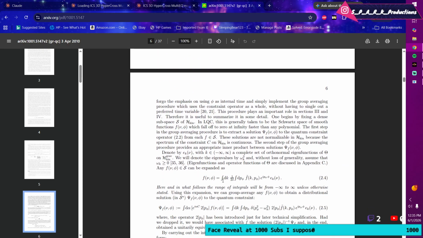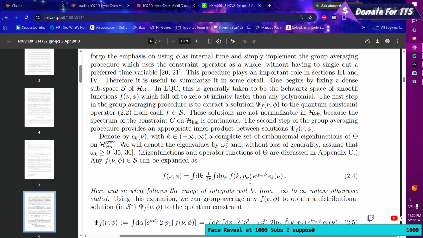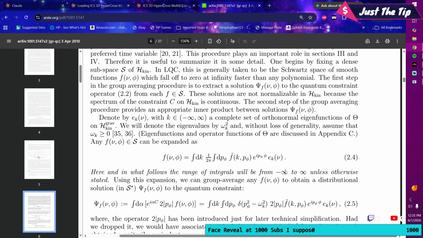Okay. Then the integral of dk, 1 over 2 pi, integral of dp, f hat, is that an f? Looks like an f, yeah, an f with the tilde sign. Then it's Euler's formula, with the integral running from negative infinity unless otherwise stated.